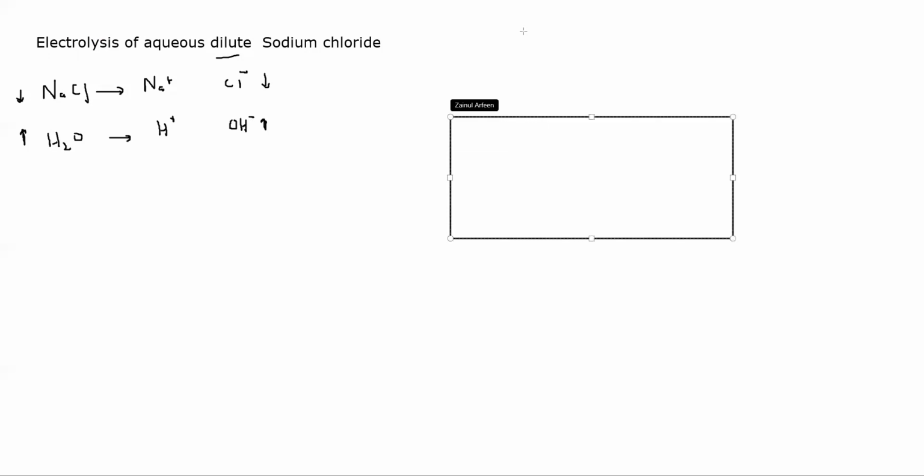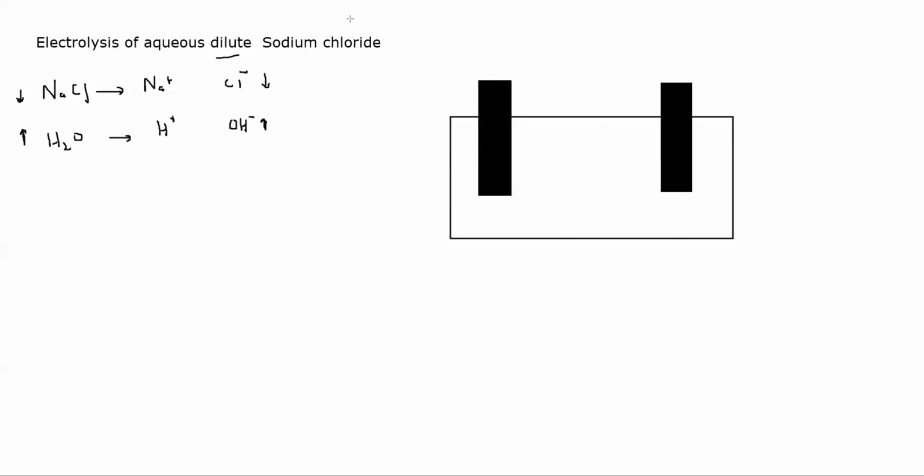So this is an electrolytic cell, which has two electrodes, anode and cathode. And the electrolyte contains the ions. The ions which are present are sodium ion, chloride ion, hydrogen ion, and hydroxide ion.